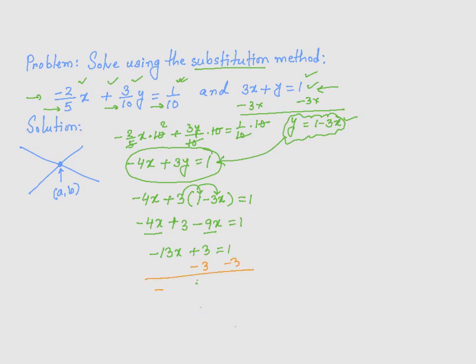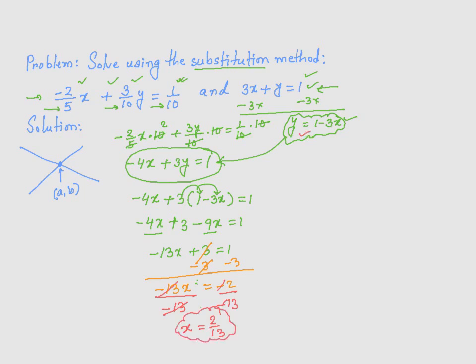That gives me negative 13x is equal to negative 2, because these 3s cancel out and 1 minus 3 is negative 2. Now I divide both sides by negative 13, and that gives me x on the left-hand side and on the right-hand side 2 over 13, because this negative and this negative cancel out, and that's my x.